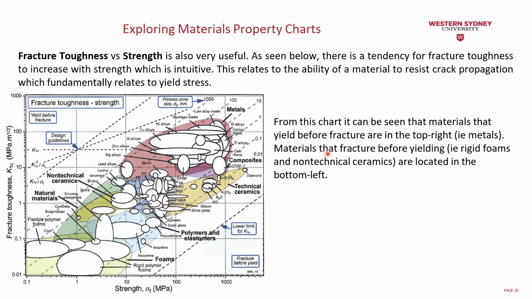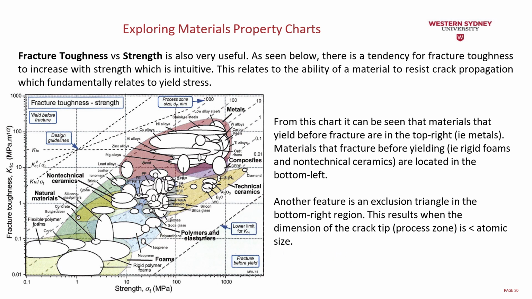The materials that fracture before yielding, which are more brittle, have high elasticity but no plasticity, and are located at the bottom left. Another feature is the exclusion of the triangle in the bottom right region. This results when the dimensions of the crack tip would be less than the atomic size.